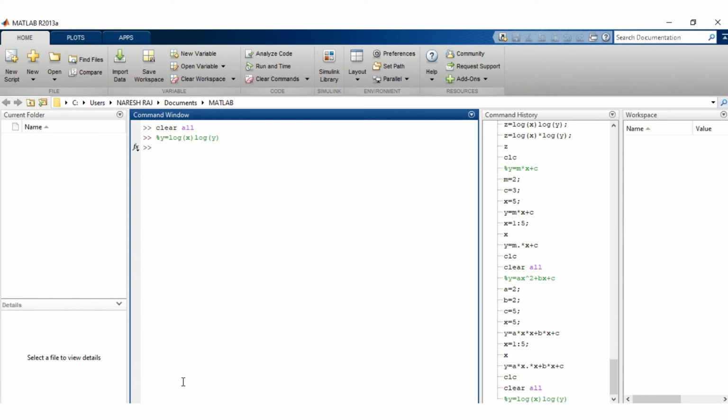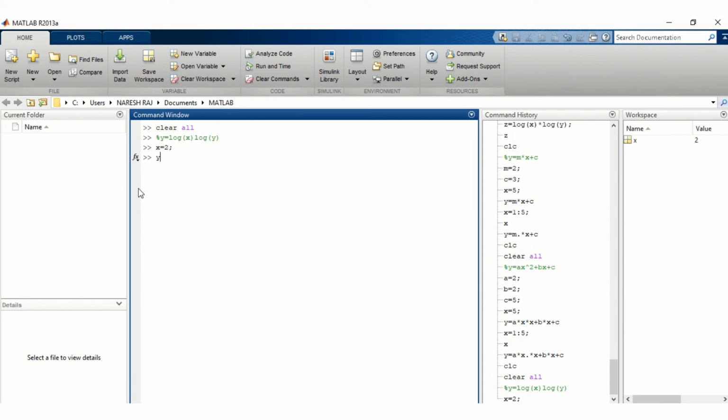See, in this equation what are the variables? You are seeing that there is no constant; x and y are variables. We will write x and y and assign values to them. Assume x equals 2 and y equals 3.